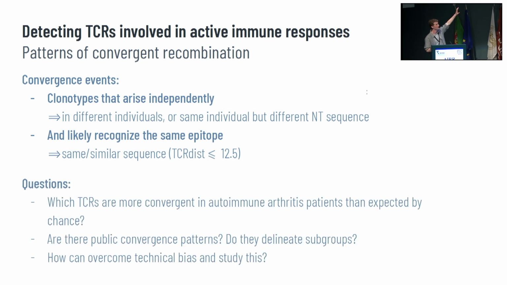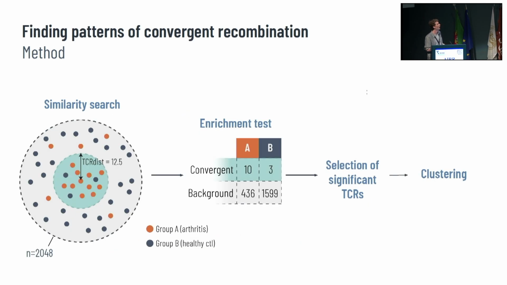Keeping this framework in mind, we are specifically looking at TCRs that are more convergent in the autoimmune arthritis patients compared to the controls, and we were trying to assess whether there are patterns that delineate subgroups. This method is not new; many people have already done something similar.